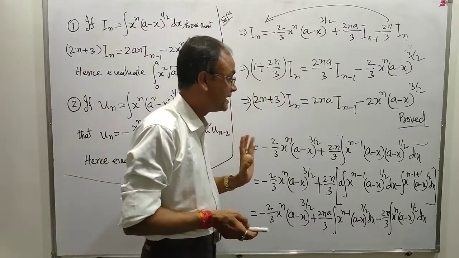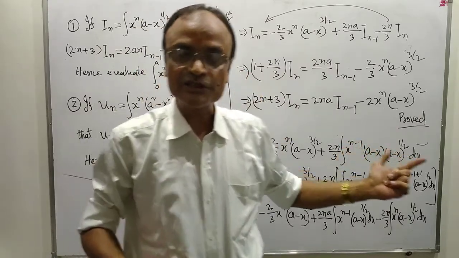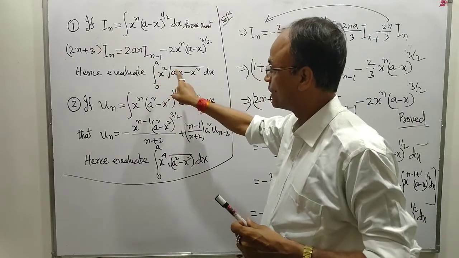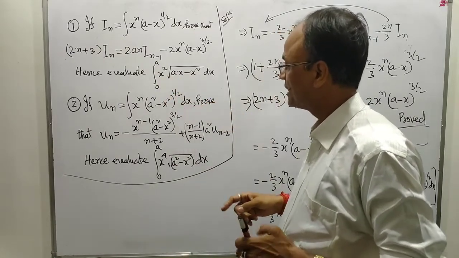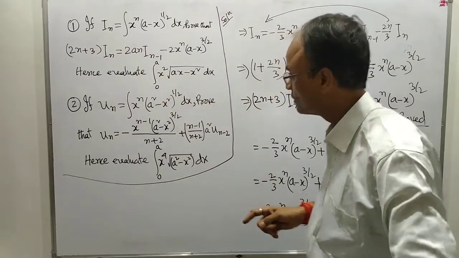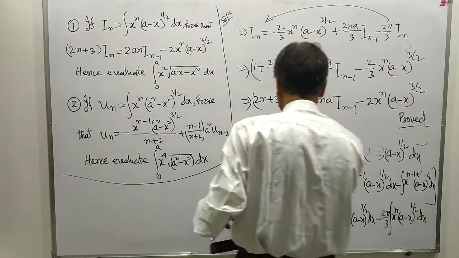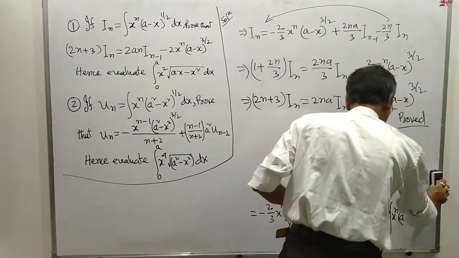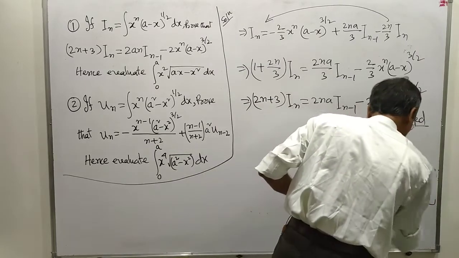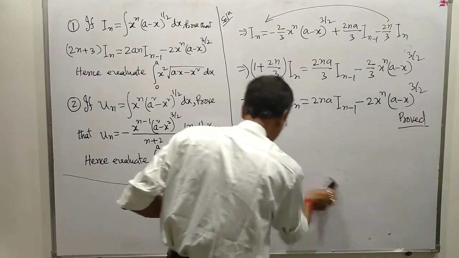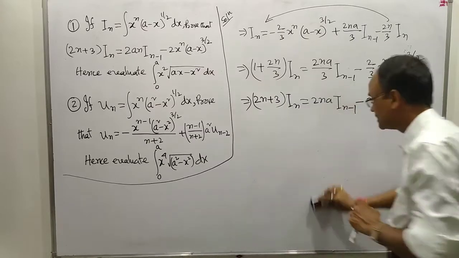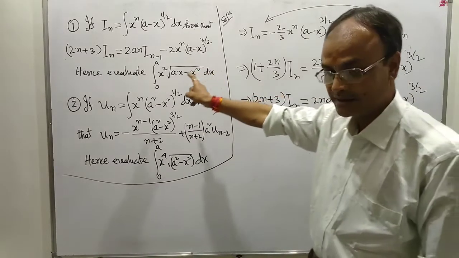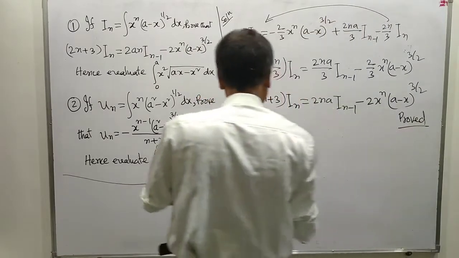We have proved this. Now we shall apply this to find the integral from 0 to a of x square root of (ax minus x square) dx. Now we shall apply this reduction formula to find the integral of this.